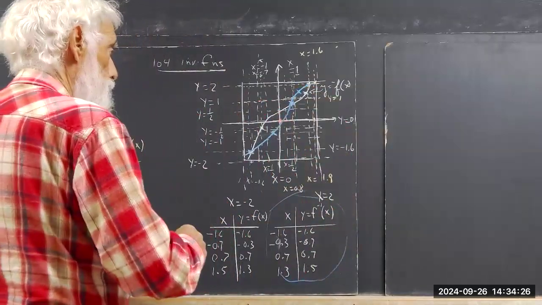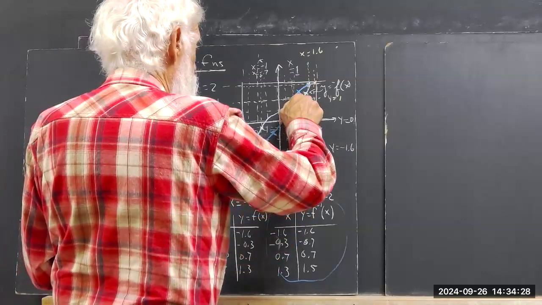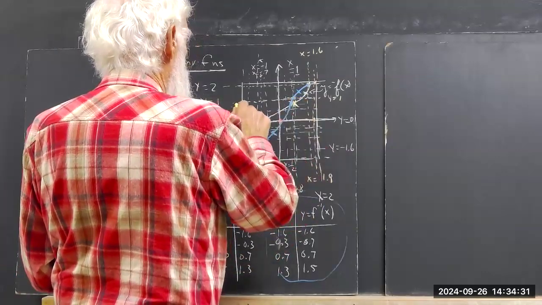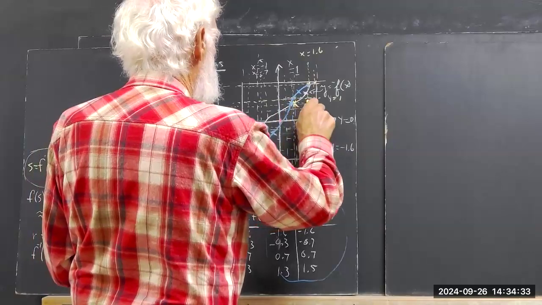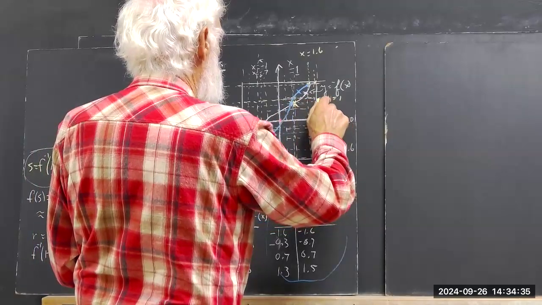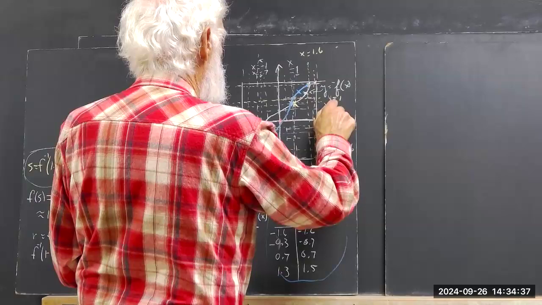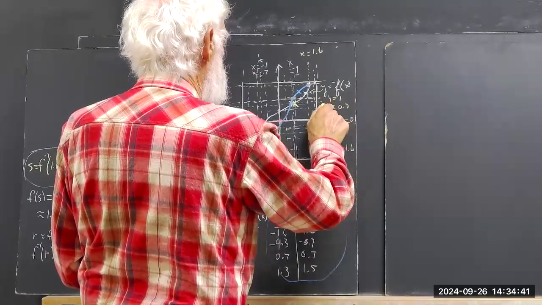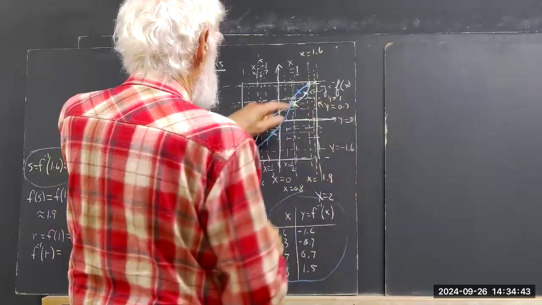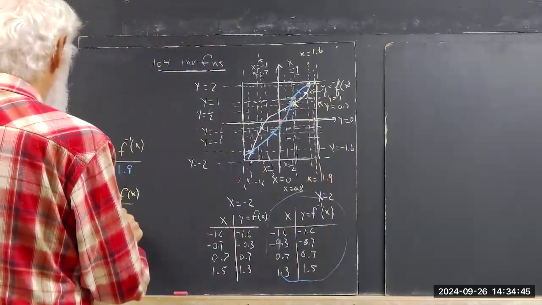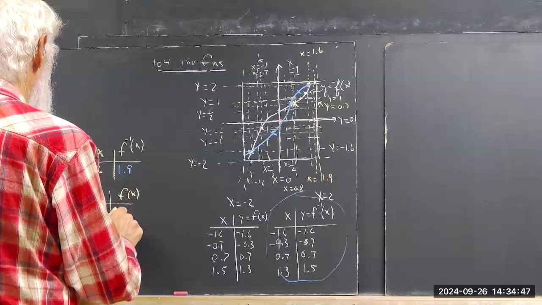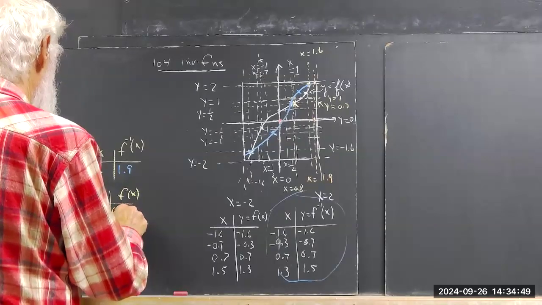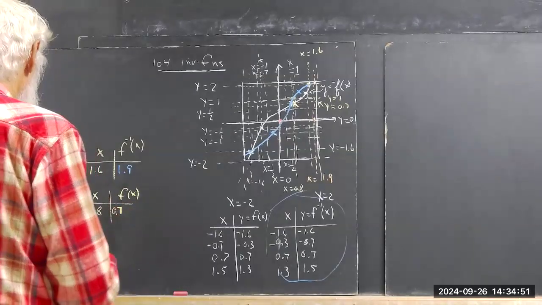Okay, so I made a little mistake here. Right here, we get y equals about 0.7 from this one. So this value should have been 0.7.